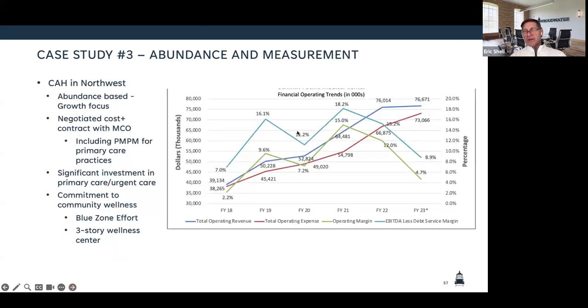Here's a critical access hospital in the Northwest in the state of Washington. A super abundant CEO came in. The blue line here is their operating revenue. And you can see the growth as this gentleman allowed. Their operating expense was the red, and the difference was operating margin, which you'll see.